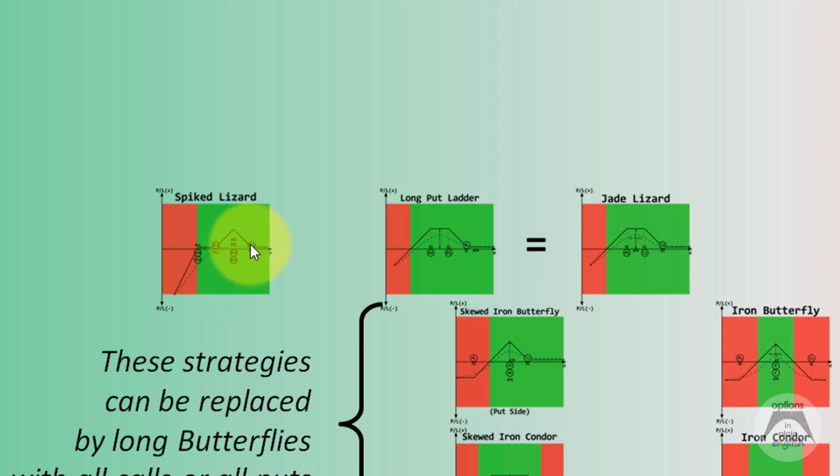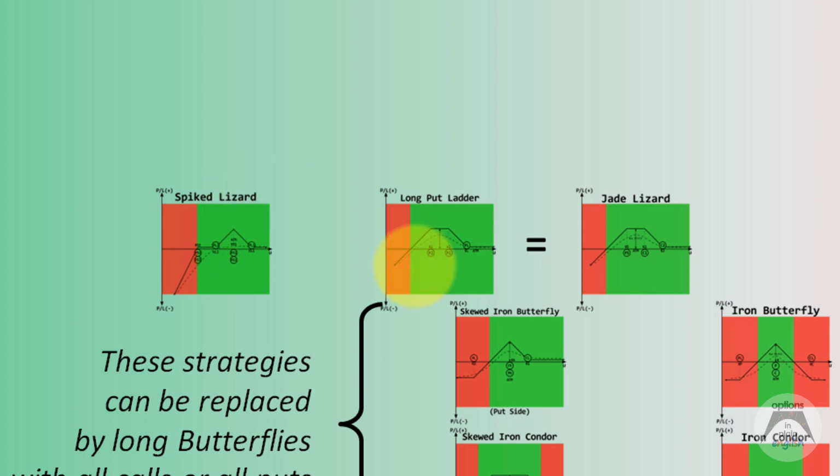You can also look at this as a put ratio spread that is financed with another put ratio spread, where you take all the risk at a very low price, but you have a lot of risk because this line is going to be very steep, because now you have a lot of negative deltas, because you have four short puts versus two long puts. So this is a Spiked Lizard. It's a long put here, two short puts here, another long put here, and two short puts over here.